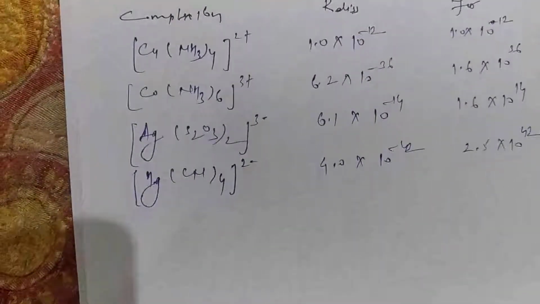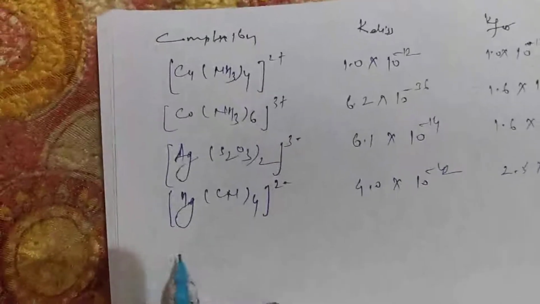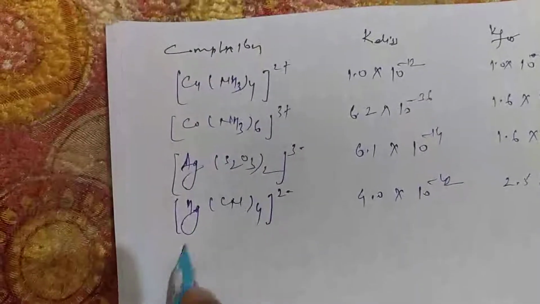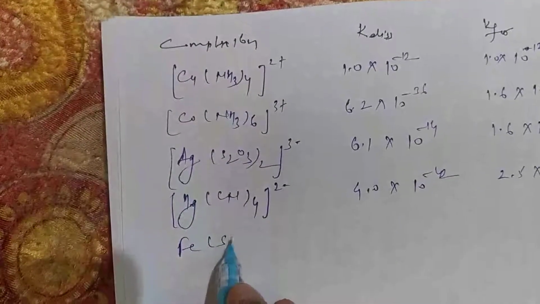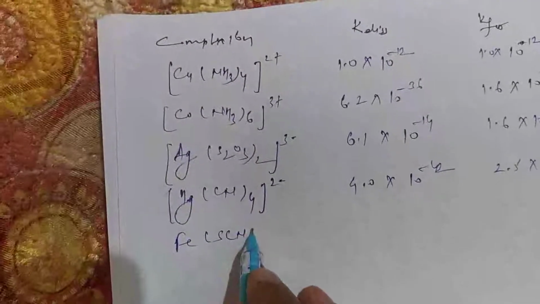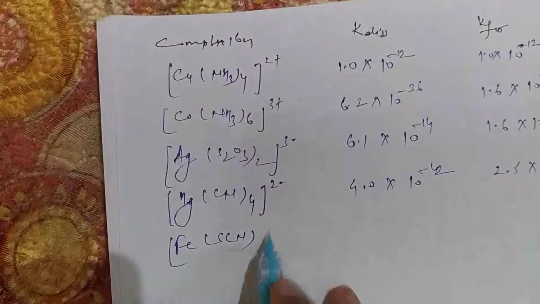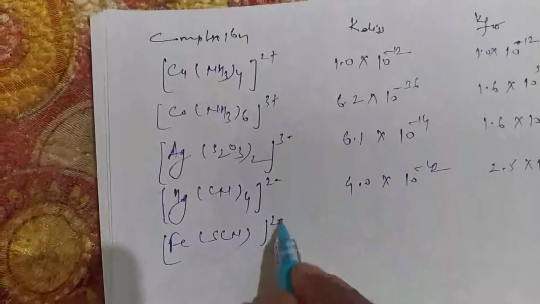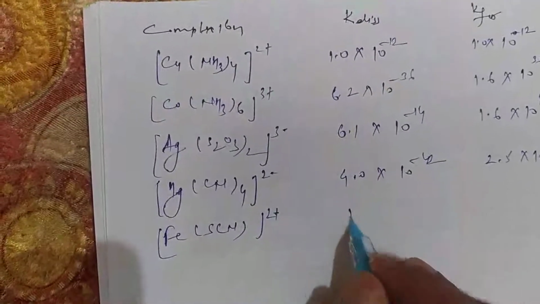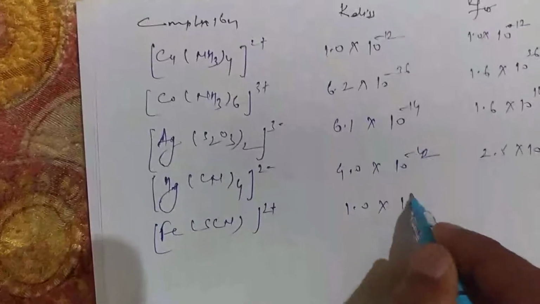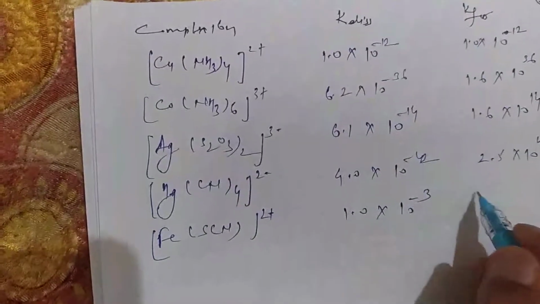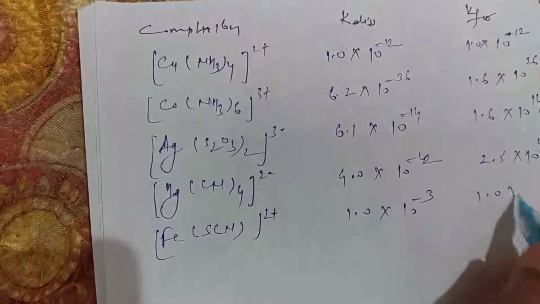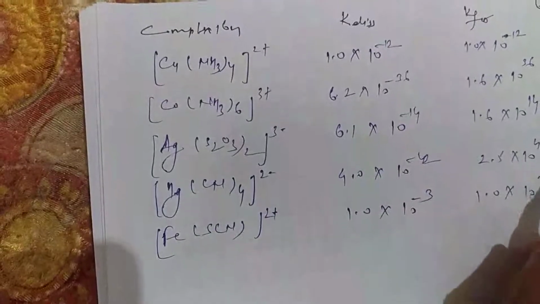Similarly, this is the last one, I'm putting this just for explanation. You can very easily explain on the basis of these values. So this will be 1.0 times 10 to the power plus 3.